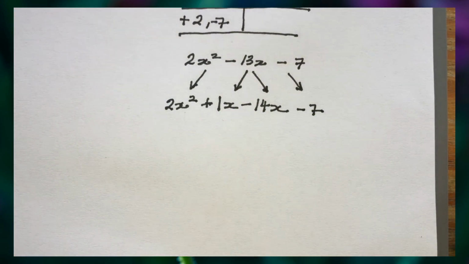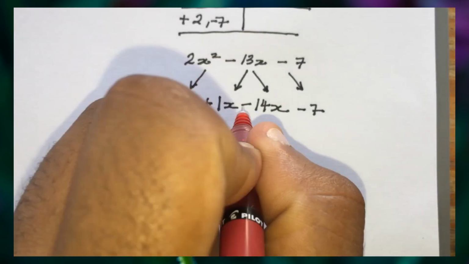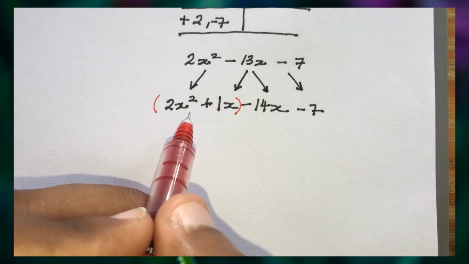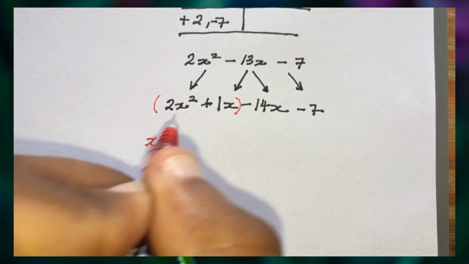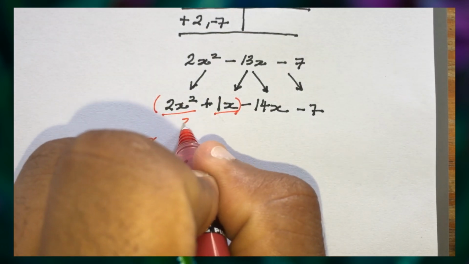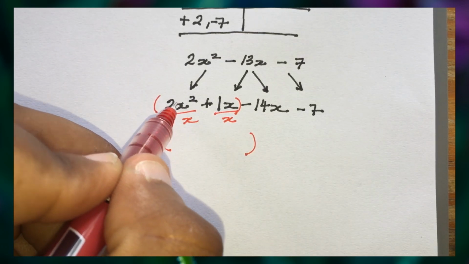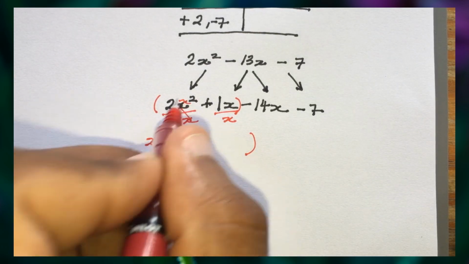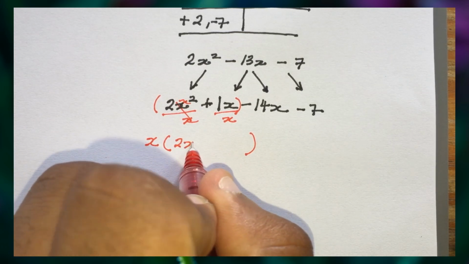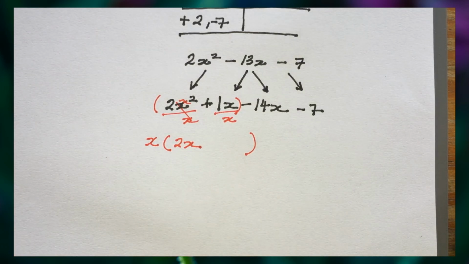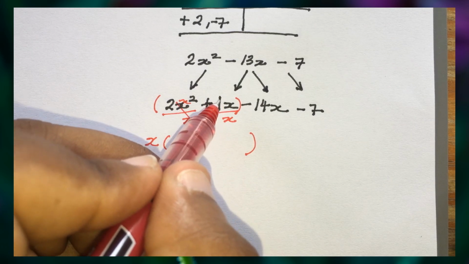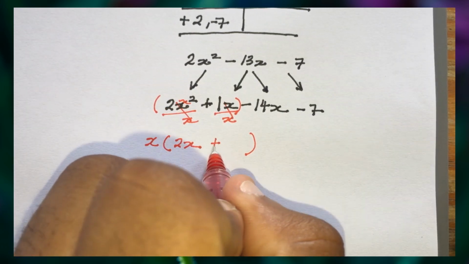I'm just going to factorize by HCF and grouping. So I'm going to factorize using these ones. What's common is x, so I need to divide everybody by that x and put it in brackets. So this will cancel, leaving us with 2x, and this will cancel, leaving us with just 1.